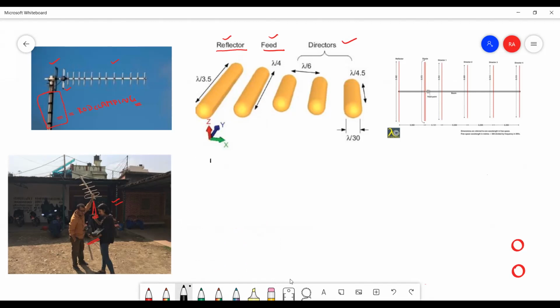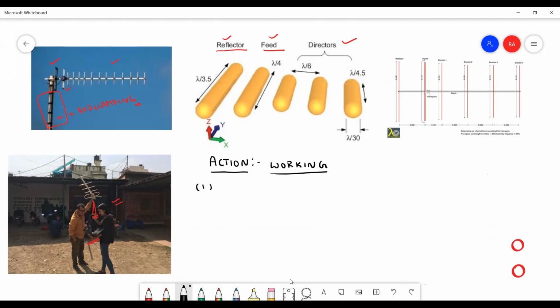So what is the action, or simply what is the working condition? The spacing between these elements and the length of the parasitic elements determine the phase of the currents. So the parasitic antenna is a very important antenna.